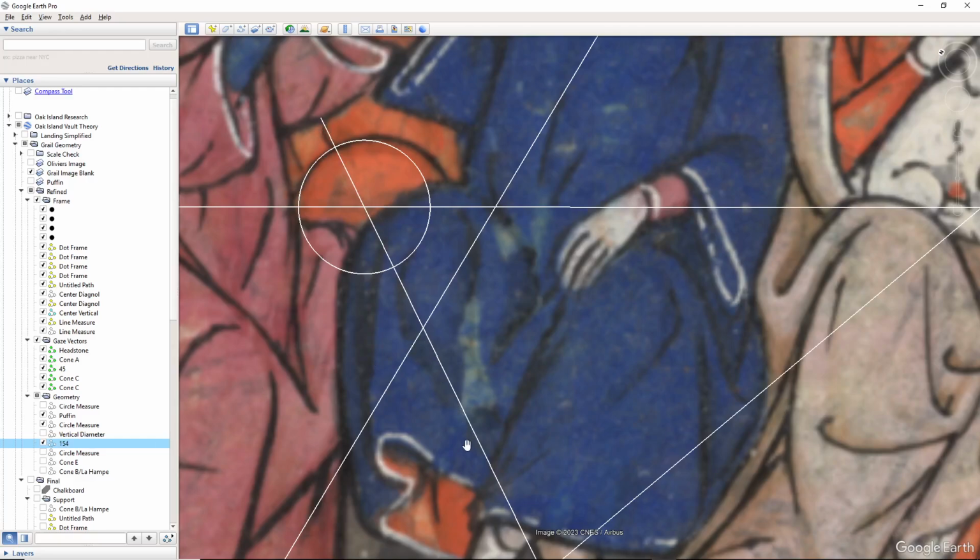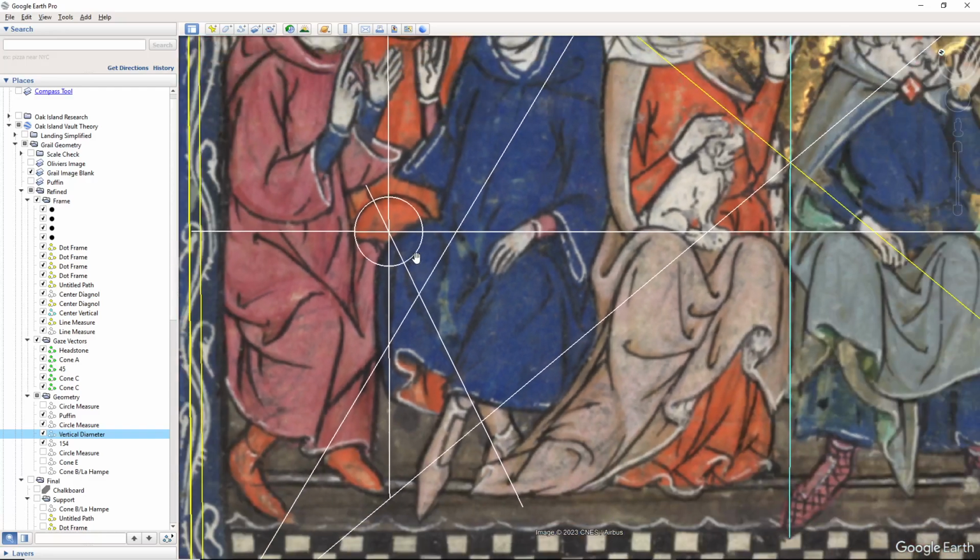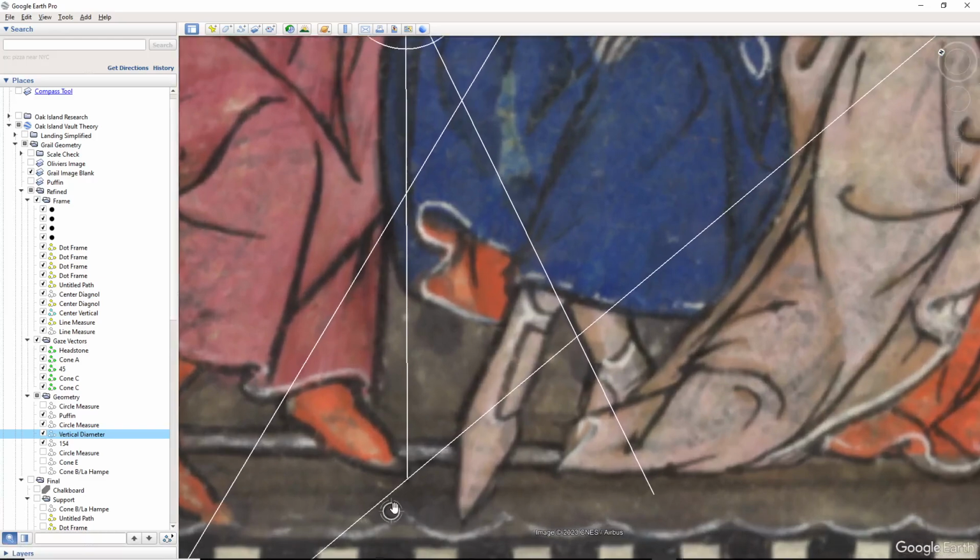So this is drawn at 154 degrees according to this vertical line. So from here to here is 154 degrees. Now notice that it comes down and hits the tip of this guy's shoe. So we have a shoe indicating the endpoint of this line.